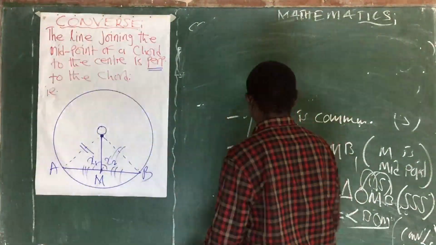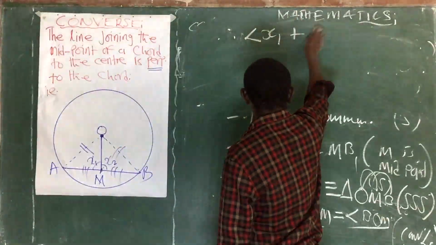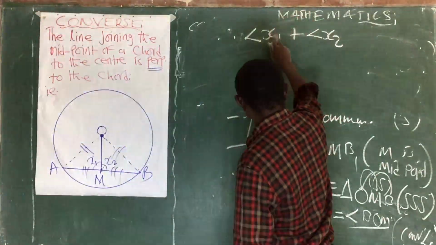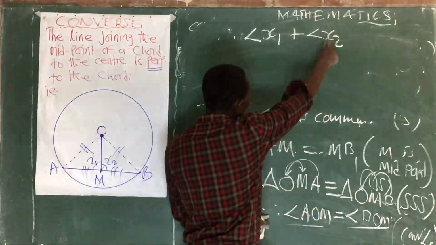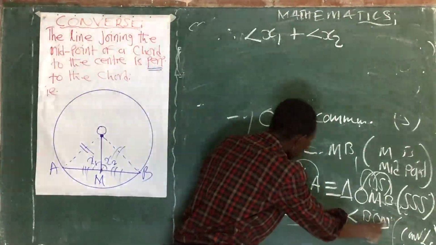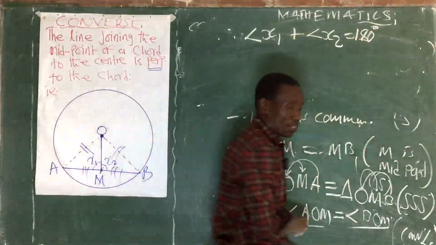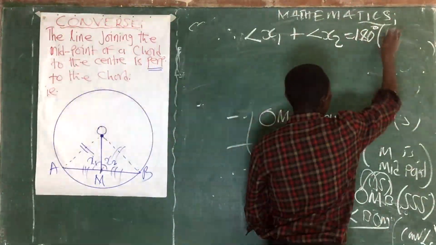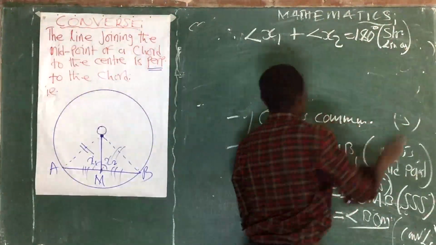So here you come in to say, therefore, angle x1 plus angle x2, where x1 is representing angle AOM and x2 representing BOM in the figure, gives us what? 180 degrees. The reason is that these are angles on a straight line. Right.